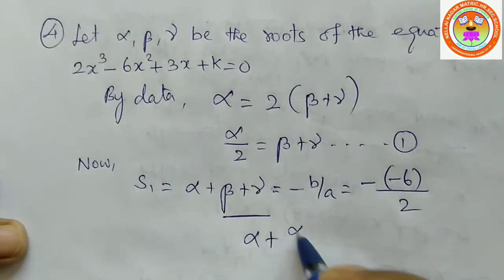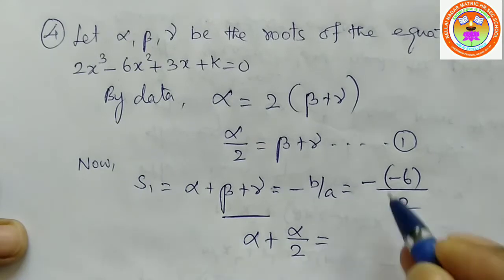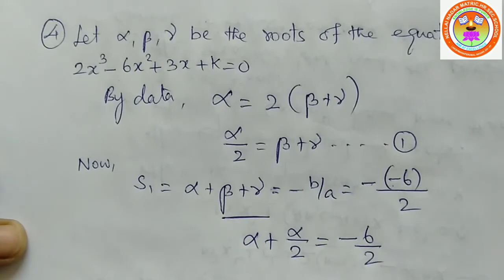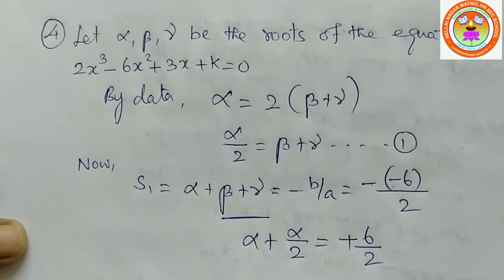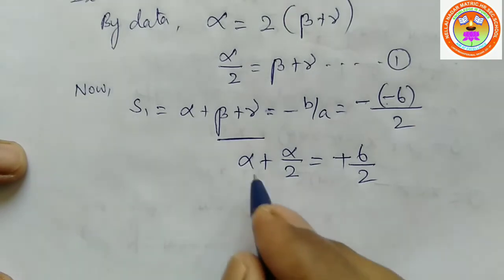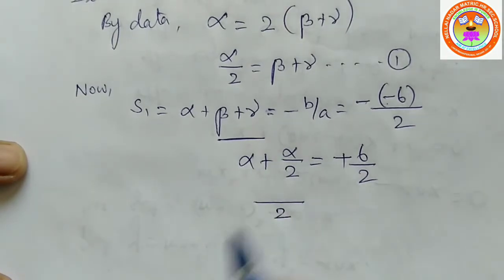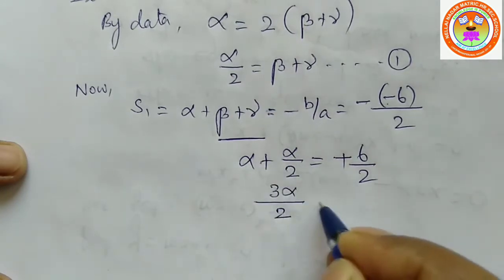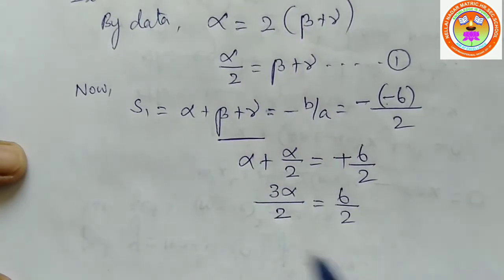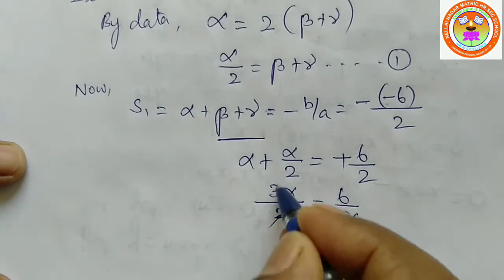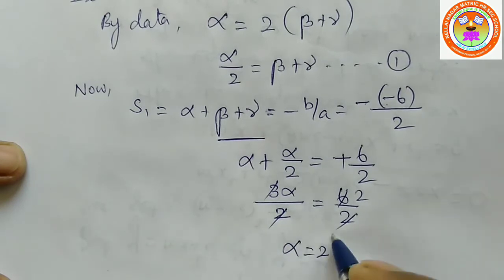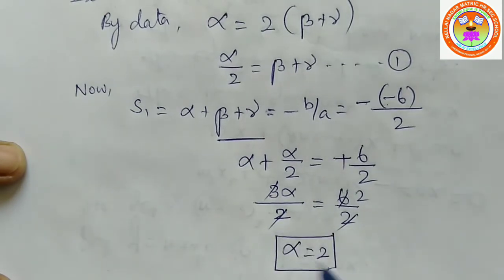So alpha plus alpha by 2 is equal to 6 by 2. Taking LCM 2, 2 alpha plus 1 alpha is 3 alpha, equal to 6 by 2. 2 cancel, 3 ones are 3, 2 3s are 6. That means alpha is equal to 2. So we got the value of alpha as 2.